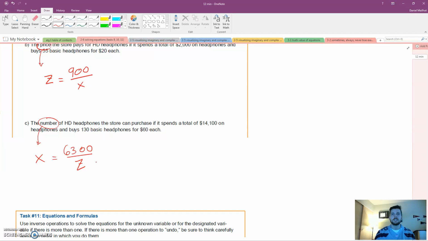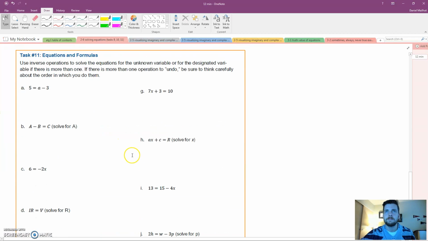We're almost there. Turn to task 11. Task 11 really gets at the heart of what your exit ticket is today. We're going to go quick. Use inverse operations. Inverse operations, that's just like multiplication to division, addition, subtraction. You guys know how to undo things.